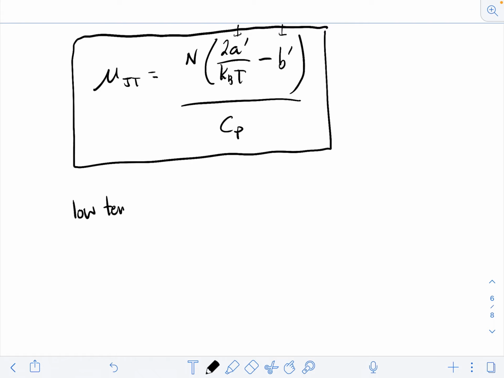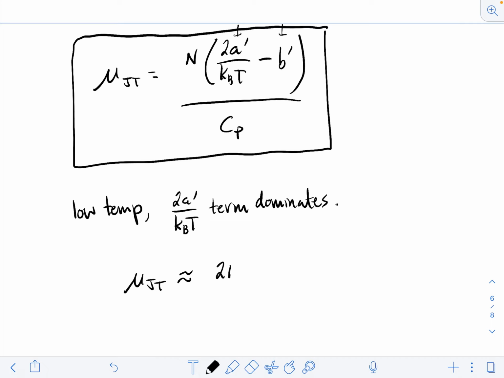So one way to think about this is that at low temperature, the 2A prime over k_B T term dominates. In this case, mu_JT is going to be approximately 2NA prime over C_P k_B T, which is positive, and we get cooling.